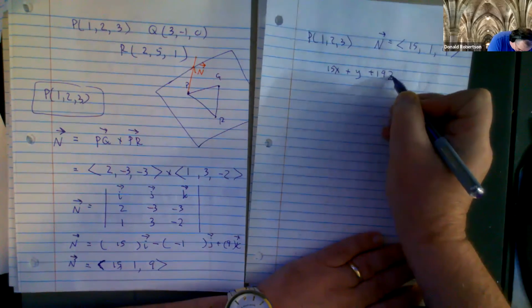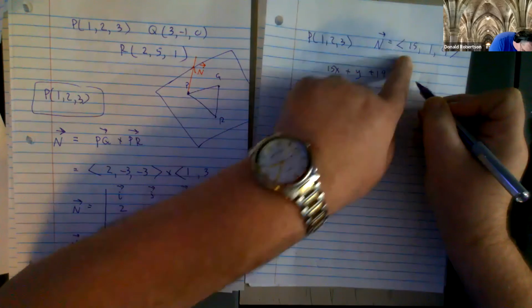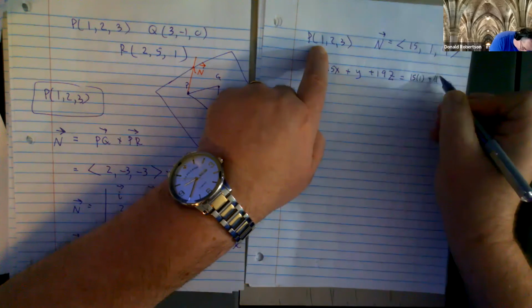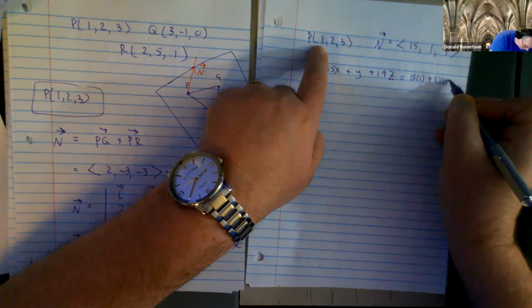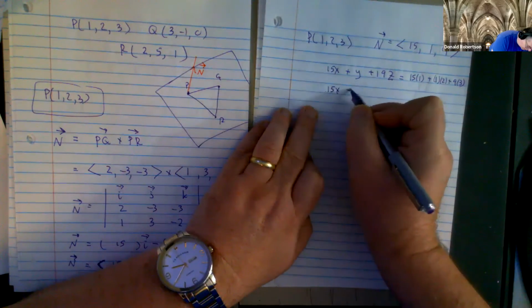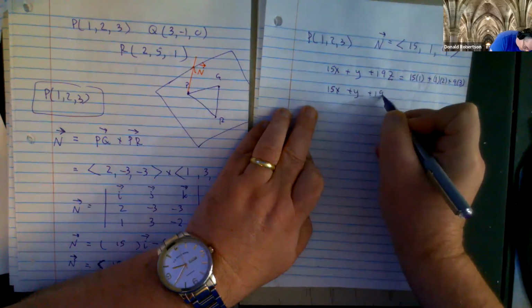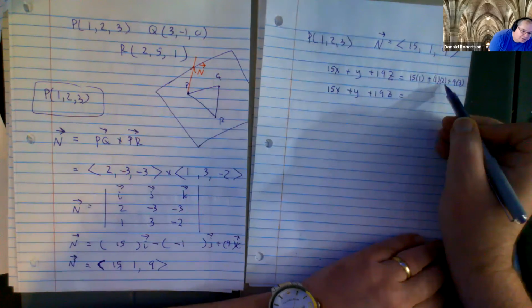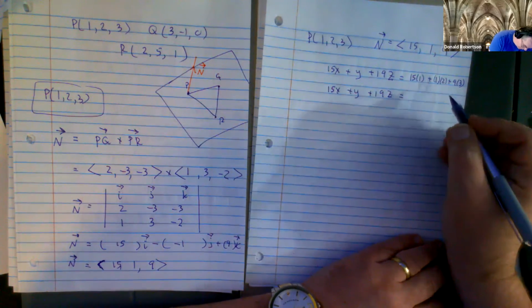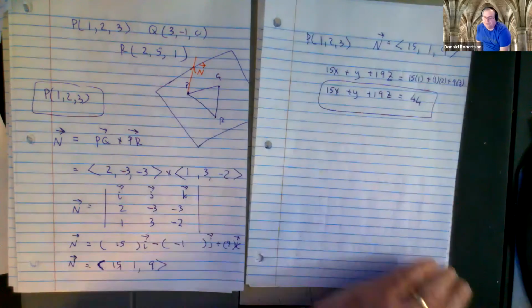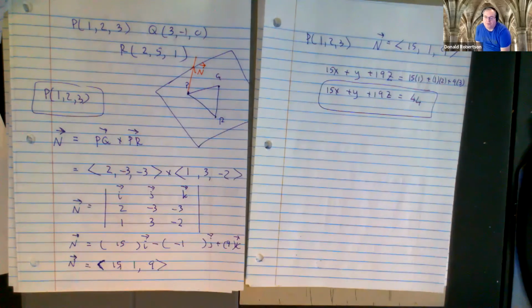And it's going to be 15 times 1 plus 1 times 2 plus 9 times 3. So it's 15, 16, 17, and 27 is 44. And there's the equation of your plane.